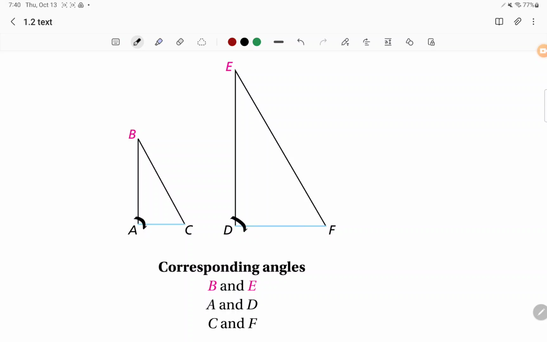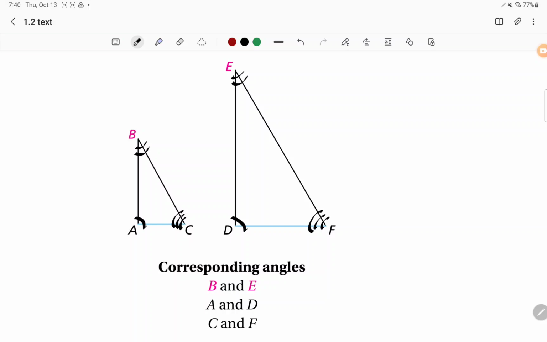For example, A and D are the same. To show B and E, we would use two semicircles, Wi-Fi marks, whatever you want to call them. And to show C and F are the same, you would use one, two, you guessed it, three of those markings. So looking at these marks, we know that A and D are the same. They are corresponding. B and E are the same. C and F are the same angles.